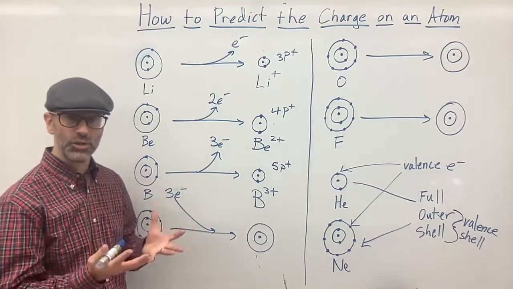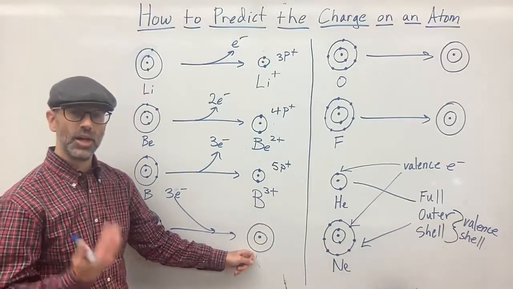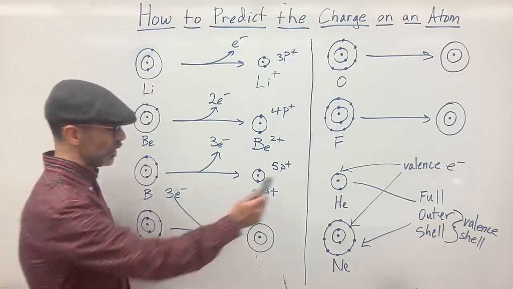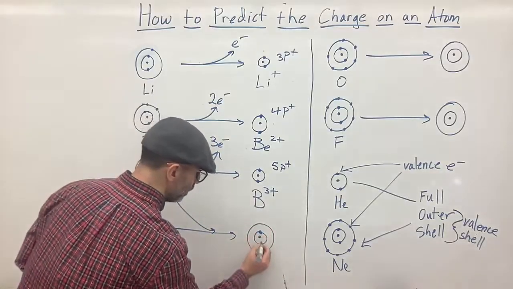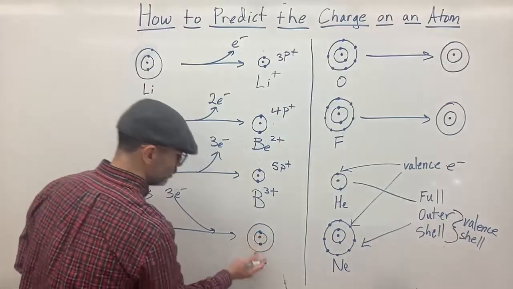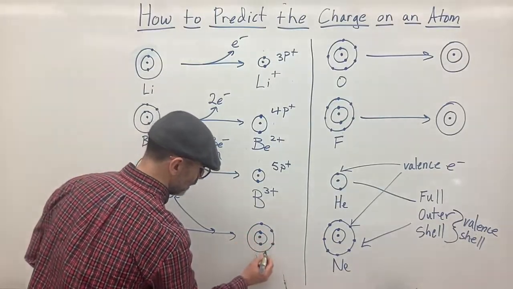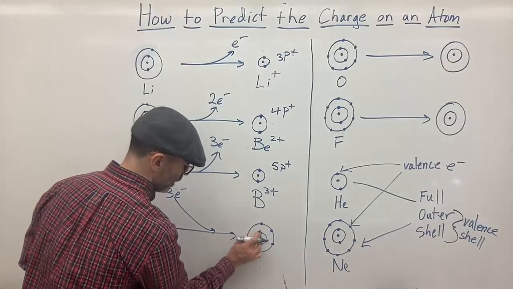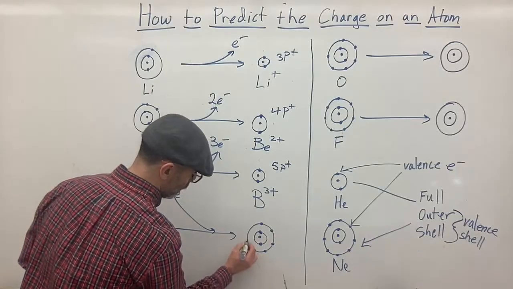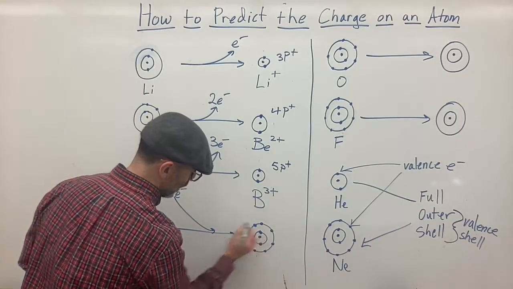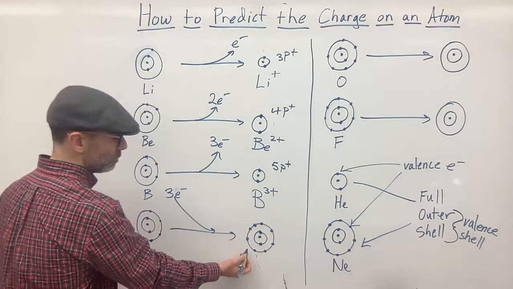It wants that outer shell full, and for the second shell, that number is 8, just like neon. So the inner shell has 2 electrons, and the outer shell has 8 electrons. So that's 4, 5, 6, 7, 8. And so now this is complete.